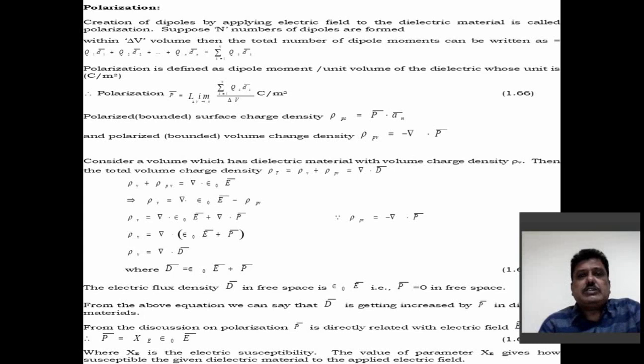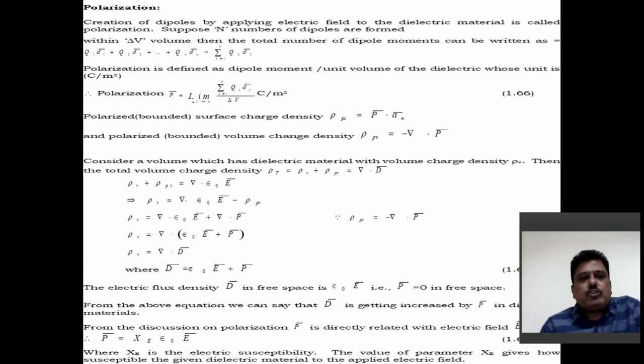Polarized surface charge density rho Ps equal to P bar dot An bar. Rho V equal to del dot epsilon naught E bar minus P bar.